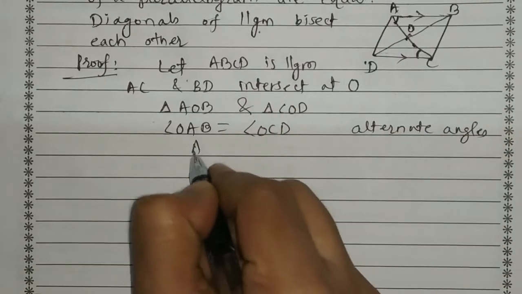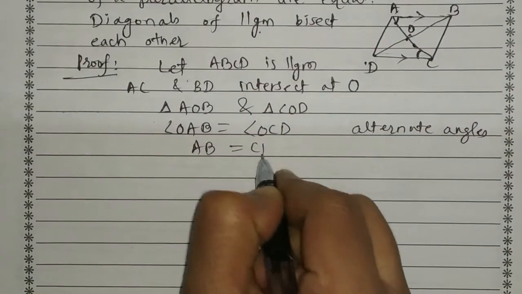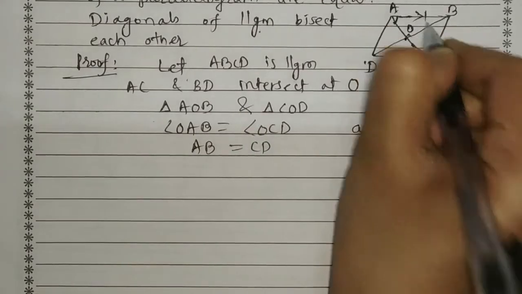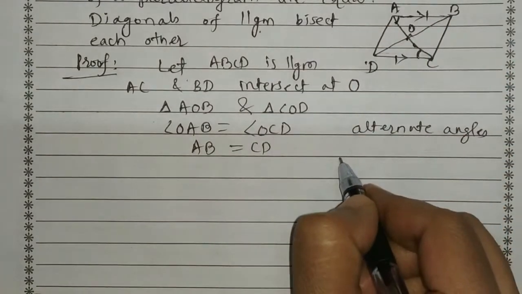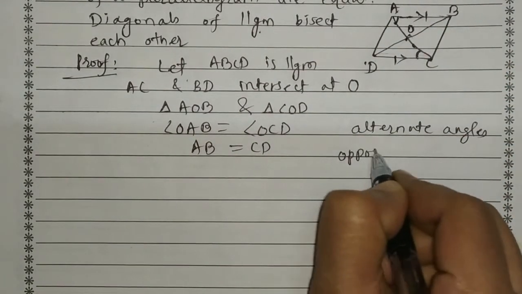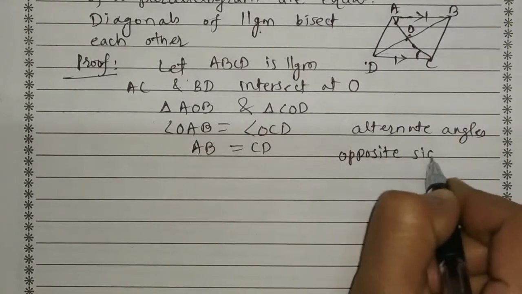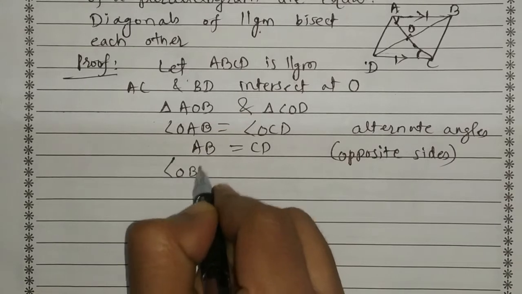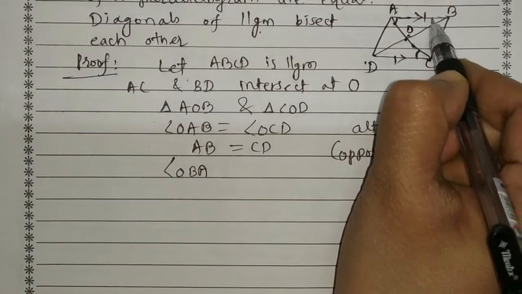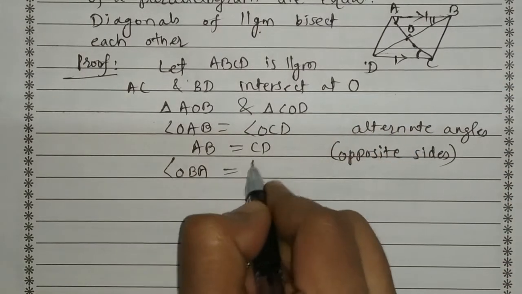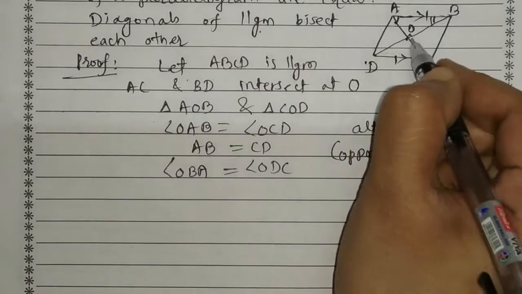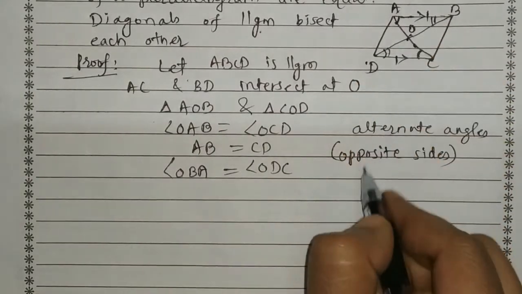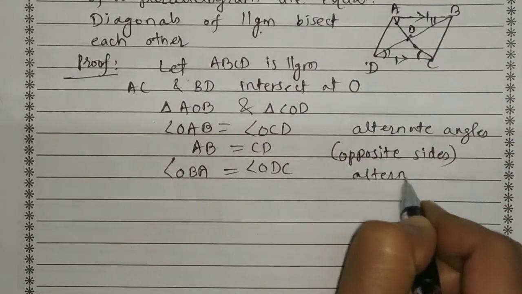Now we have AB equal to CD, because the opposite sides of a parallelogram are equal. Then we have one more angle, OBA, which is equal to ODC. Again the reason is alternate angles.